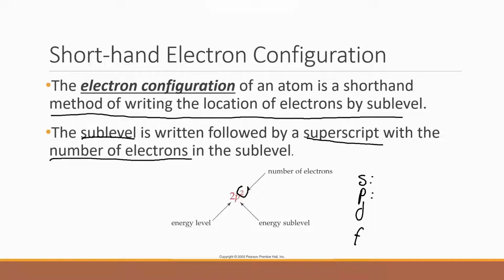So for the S sublevel, you can have a max of 2 electrons. For P, you can have a max of 6 electrons. For D, you can have a max of 10 electrons. And for F, you can have a max of 14. So if you're ever working with an S orbital, you know that the maximum this superscript can be is 2. If you're ever working with the P sublevel, the maximum is 6. For D, it would be 10. And for F, it would be 14.